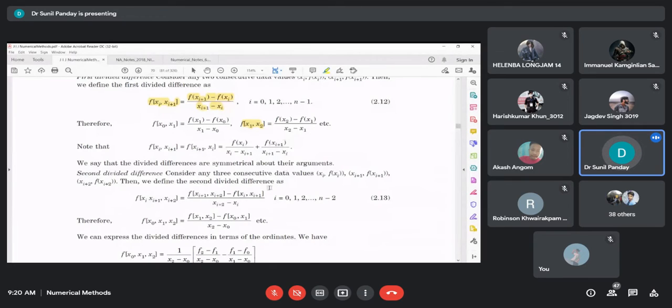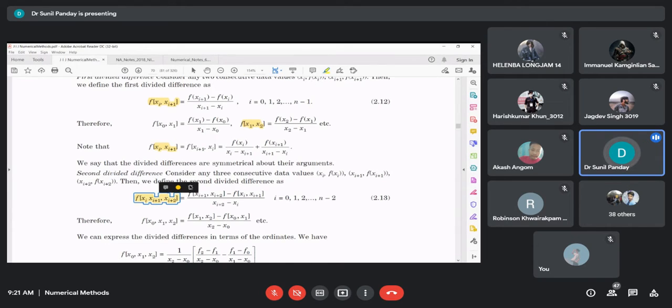We can also rewrite it like this, as they are commutative in terms of variables: if we change the order of xi and xi plus 1, it will give us the same result. But it's better not to change this order. So remember it in this form: f of xi plus 1 minus f of xi divided by xi plus 1 minus xi.